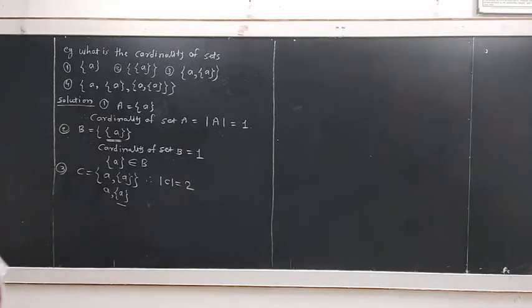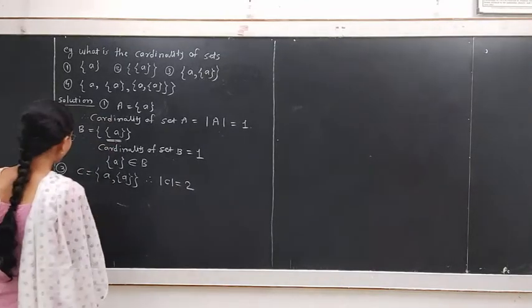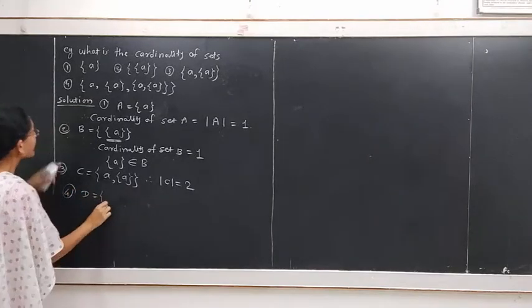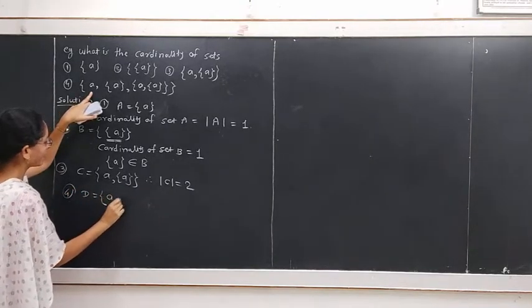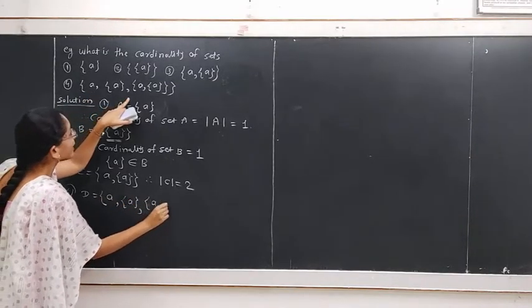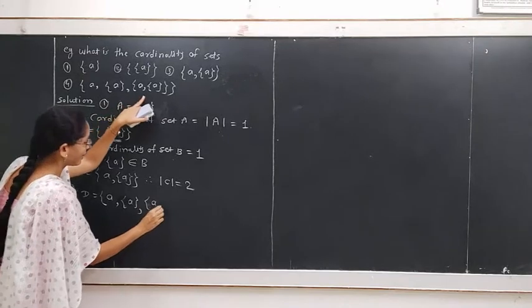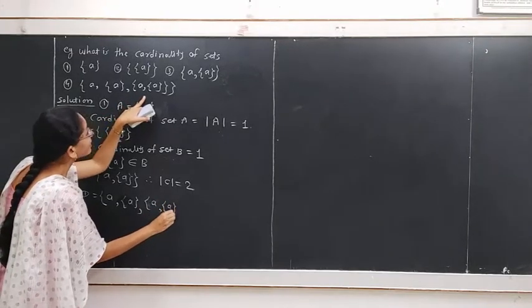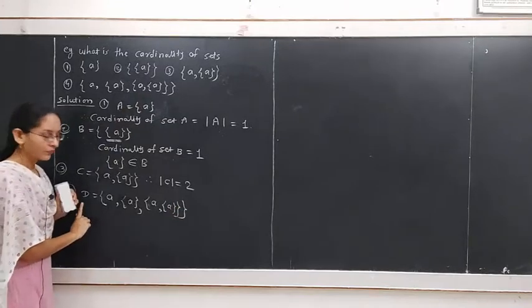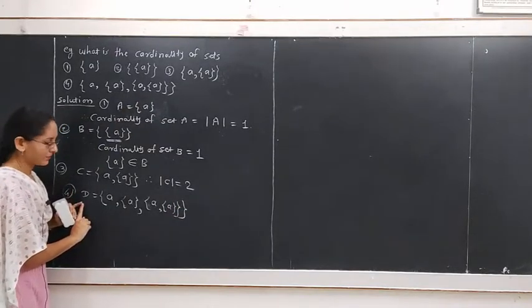The next set, consider set D equal to a, set A, and a set which is a singleton set. This set D consists of three elements.